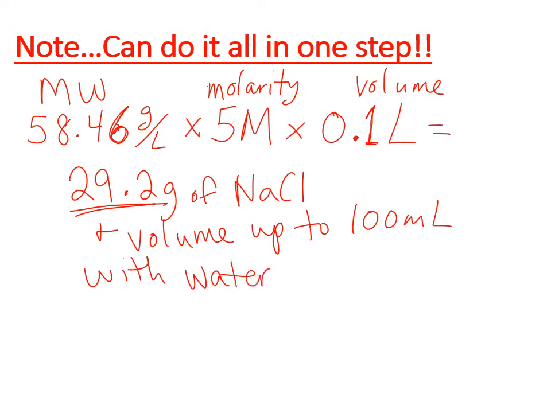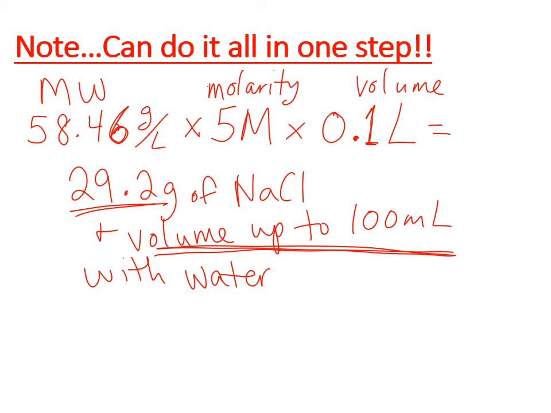Now notice, whenever I do these problems, I will always say volume up to the total volume that you want. Why don't I just say you would measure out that 29.2 and add 100 ml of water? Well, that would ruin your calculation that you just took the time doing. Because if you're just throwing 100 ml of water on top of the grams that you just weighed out, well, you forget that those grams have displacement of that water, okay?